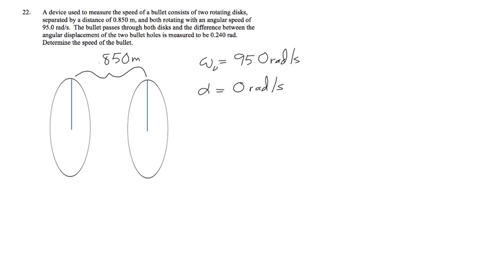And it's giving us the theta, the displacement, the difference between where this line is compared to where that line is, which is 0.240 radians. So from the time the bullet went through the first disc to when it went through the second, that one is going to be 0.240 radians ahead, because it had that much more time to keep rotating.